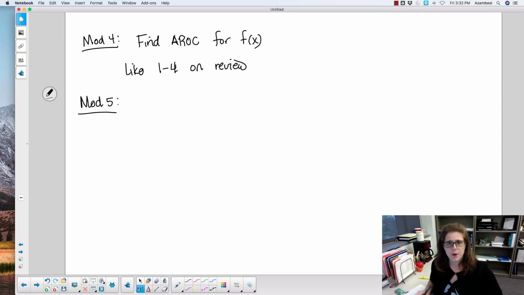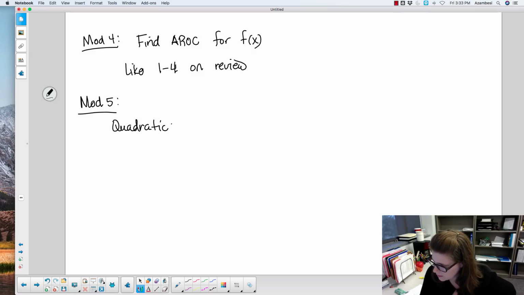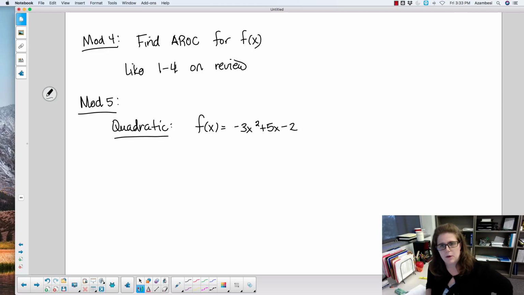You will have to work with a quadratic. So you're going to have to take a quadratic like f of x is equal to negative 3x squared plus 5x minus 2. I just made that one up, so it could be anything like that.